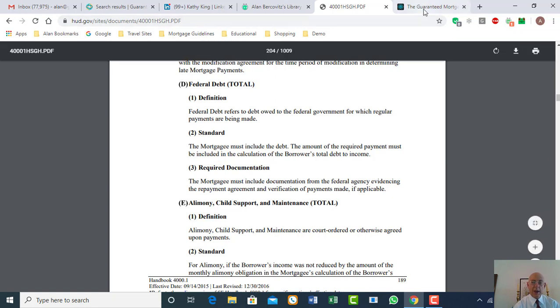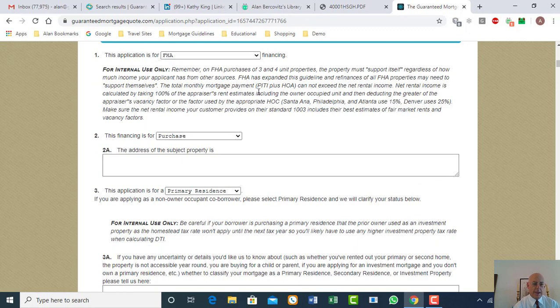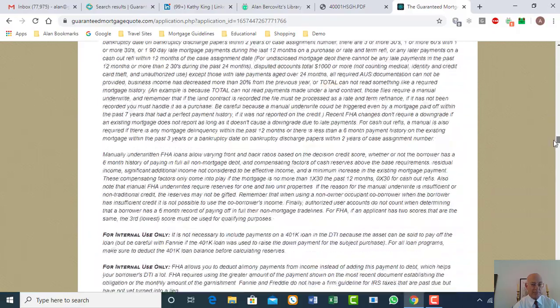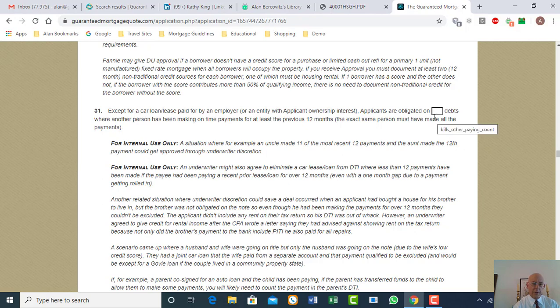So if you had a newer loan officer or loan officer assistant or processor training here on the Complete 1003 program, and they selected FHA, and we were doing a purchase, then as they worked their way through the interactive training, they would come to a point where they could fill in, is another person paying any of their debts for the previous 12 months?